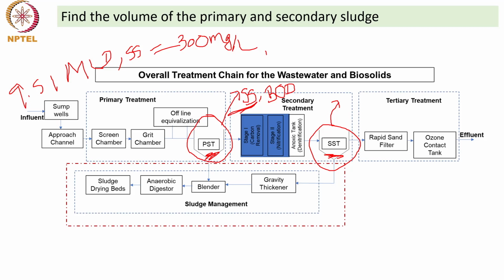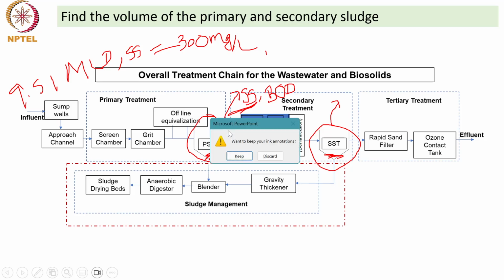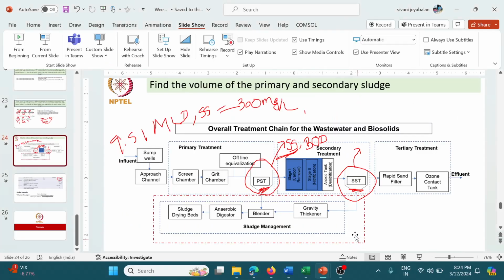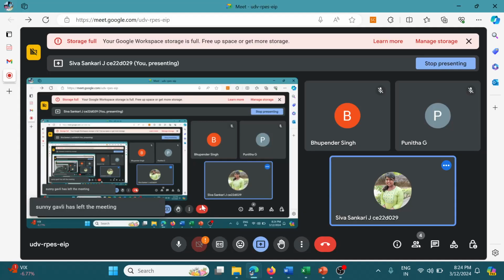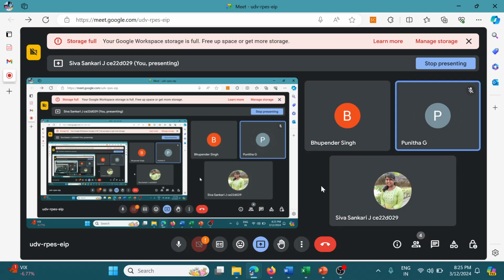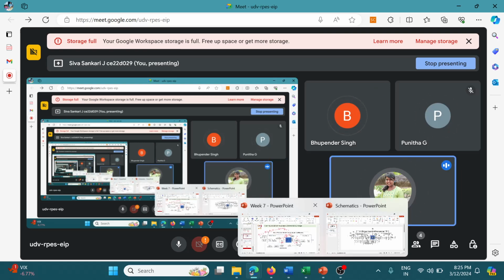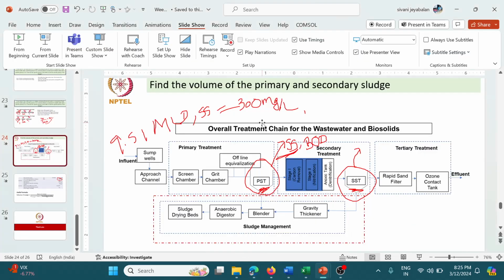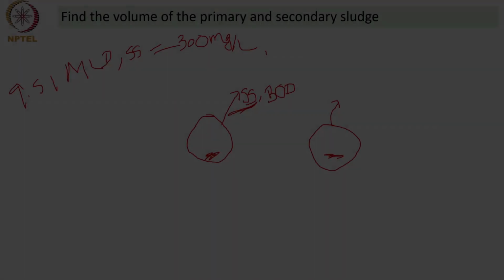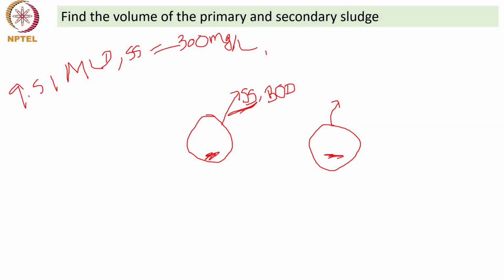Okay. Can you explain it once more? What happened in the session? Bhupender? Punita? Yes, ma'am. You are understanding what I'm telling or not? Bhupender?